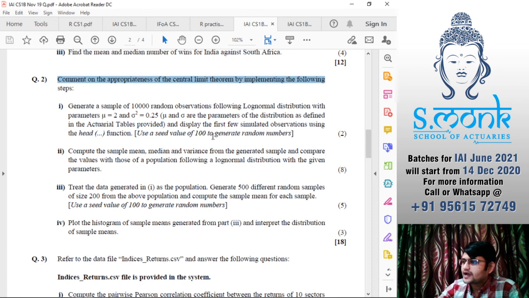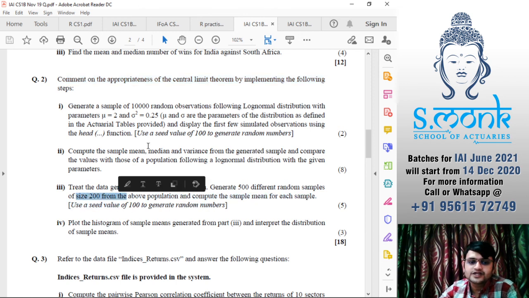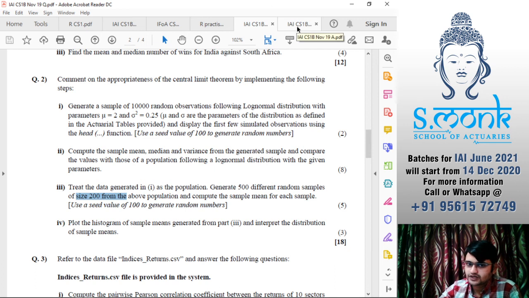And second, that means x bar follows a normal distribution. And they say that if we increase the size, we will get a much better normal distribution. So if we take more samples, then we will have a better normal distribution. These are the 2 points you have to talk about whenever you are talking about the central limit theorem.